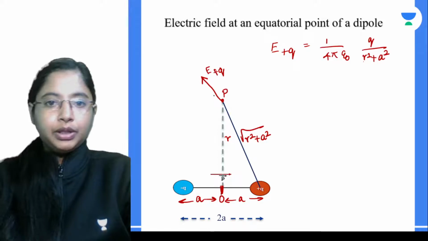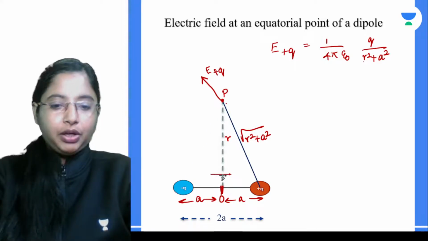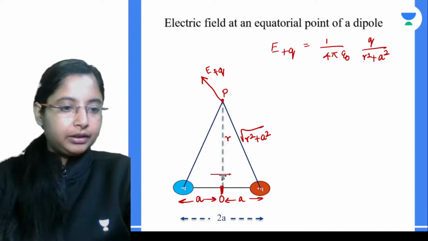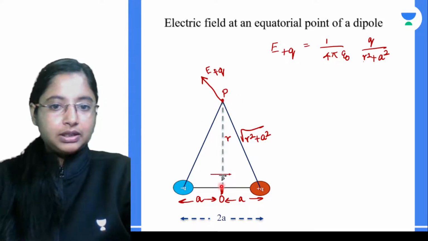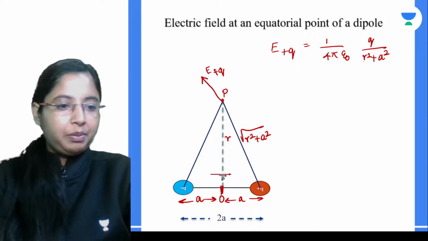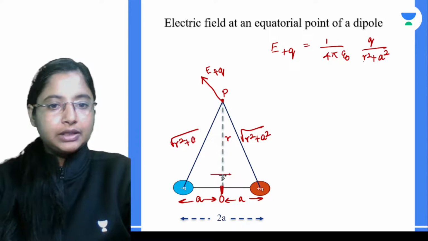Now, what is the electric field at this point P because of the negative charge over here? This distance is r, this distance is a. So this distance will again be the same as the previous case, root of r square plus a square.